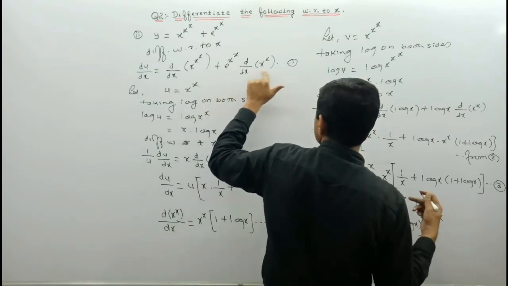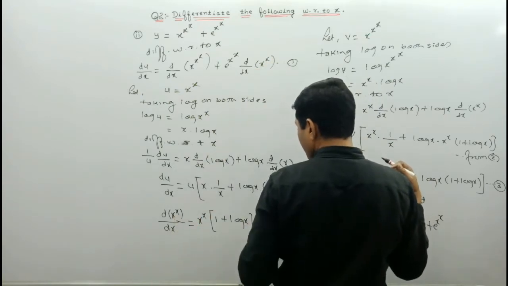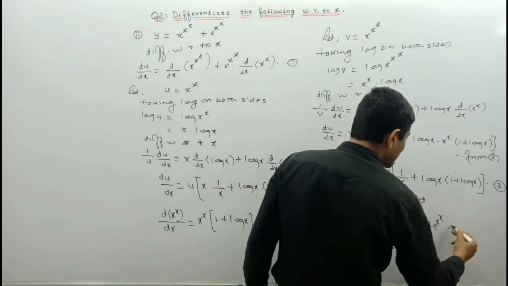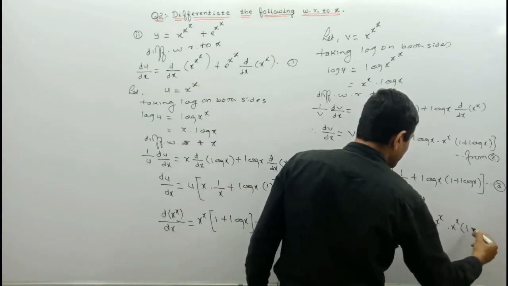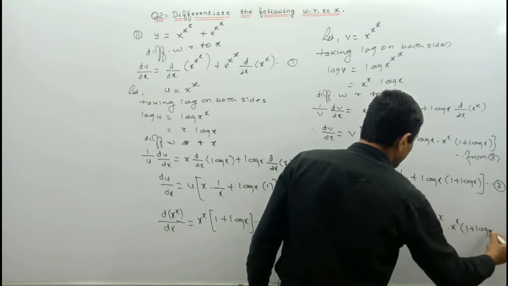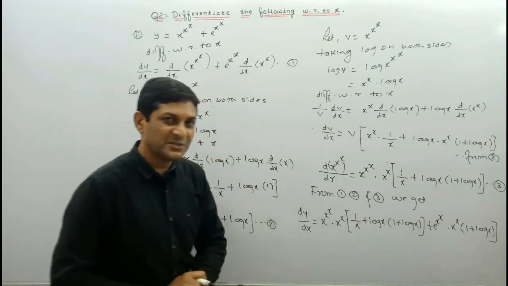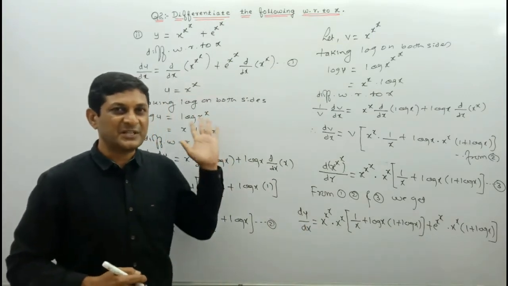Now the remaining part is to substitute the derivative of x raised to power x. This value we have obtained in equation number 2. The derivative of x raised to power x is x raised to power x into 1 plus log x. In this way we have substituted all the values and we have got the differentiation of the given function.